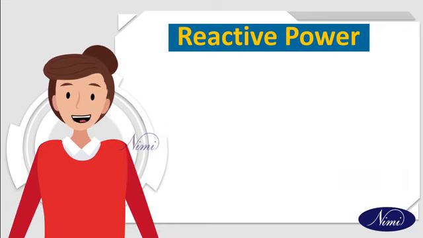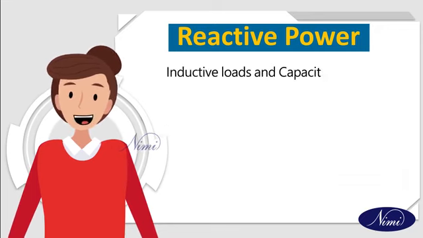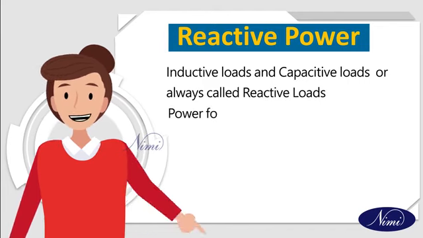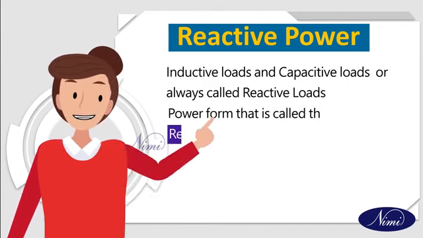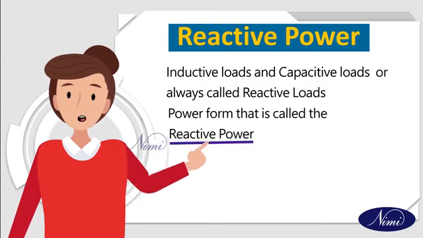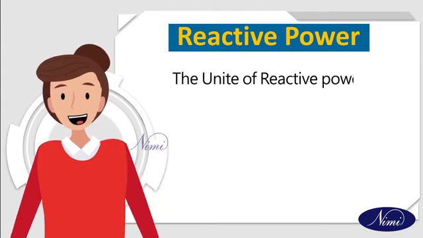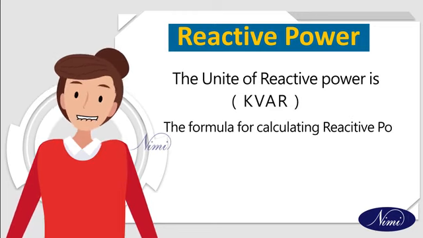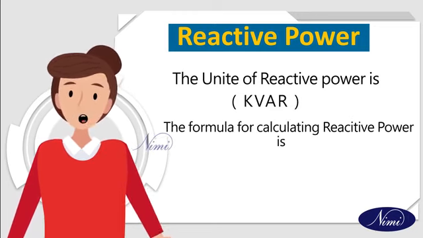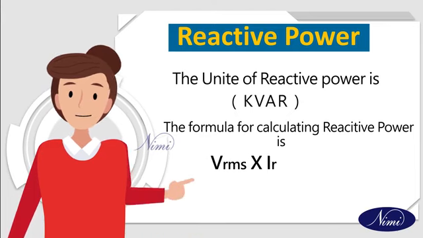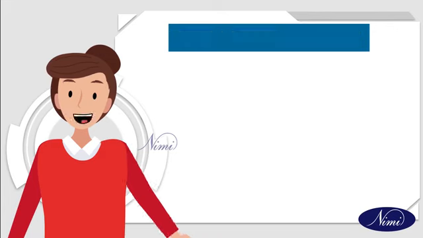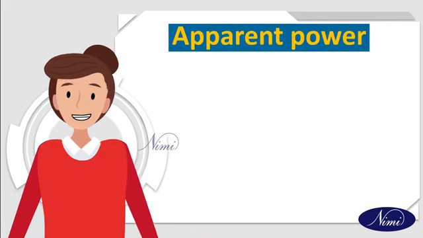The inductive and capacitive loads are always called reactive loads. The unit of the reactive power is kVAr, and the formula for calculating the reactive power is Vrms into Irms into sin theta.